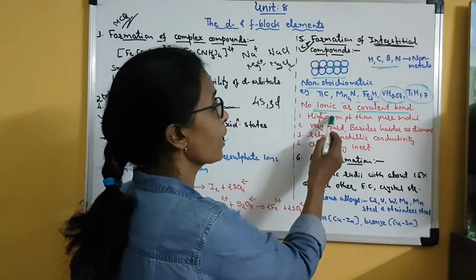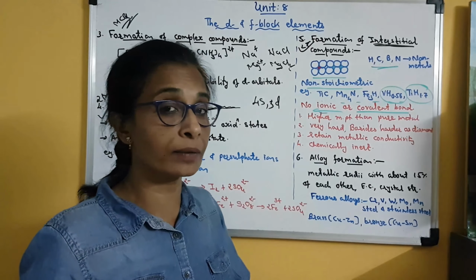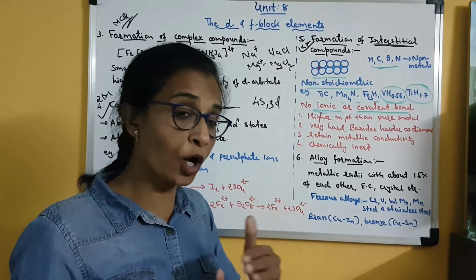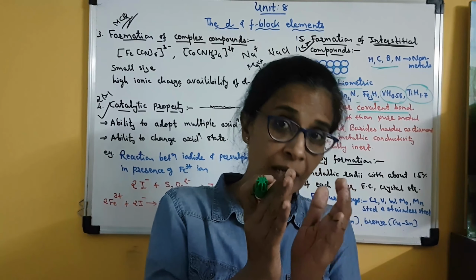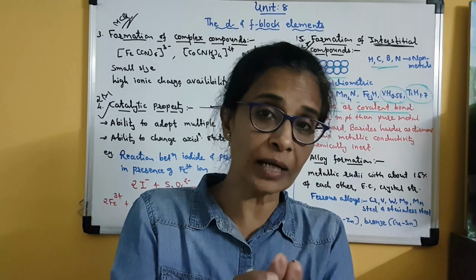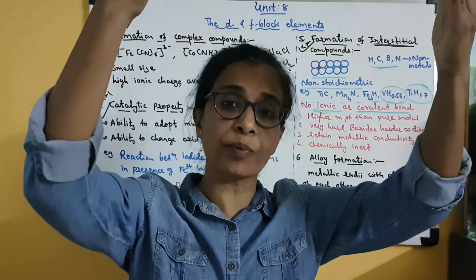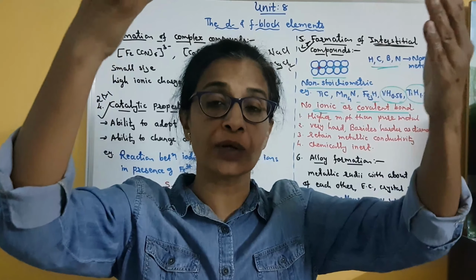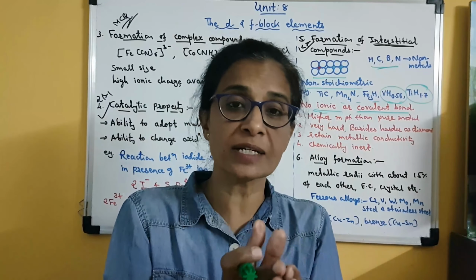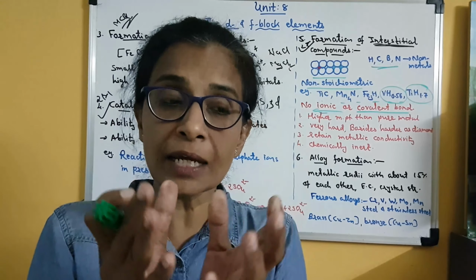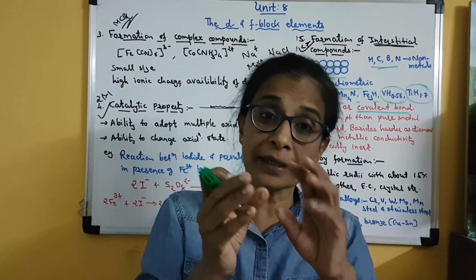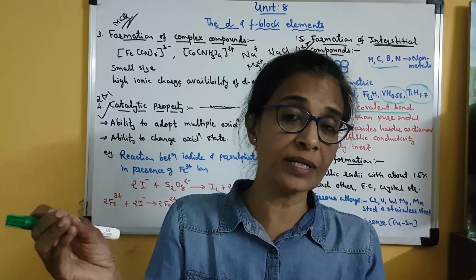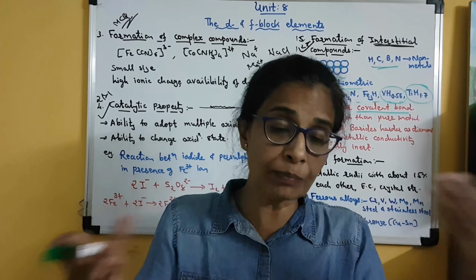So here they have higher melting point than the pure metal. Pure metal has some melting point, but compared to that, these interstitial compounds have higher melting point. Why is it so? Because in transition elements, the d orbitals have unpaired electrons. Clear? And these are all metals, and they have metallic bond. Clear?